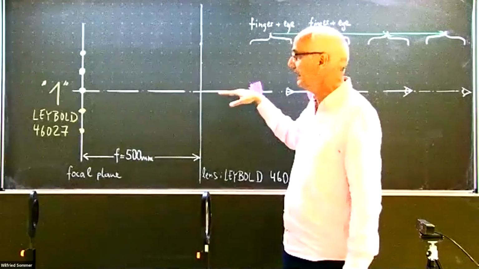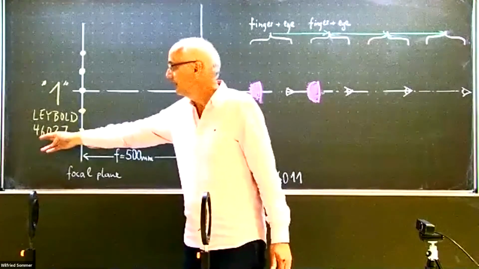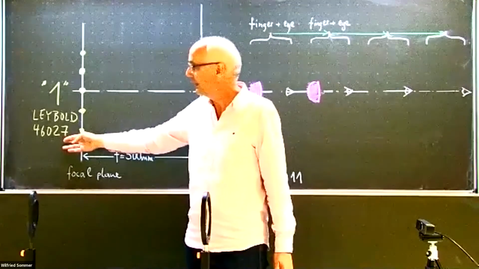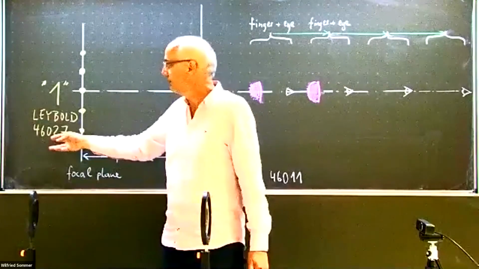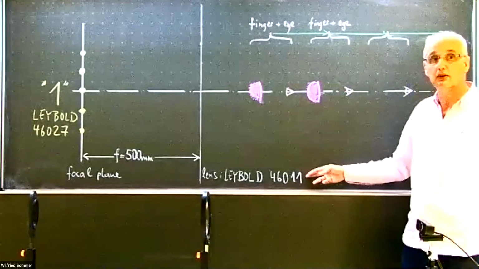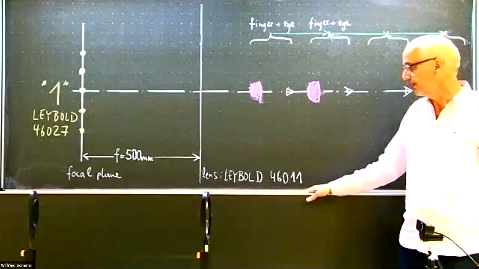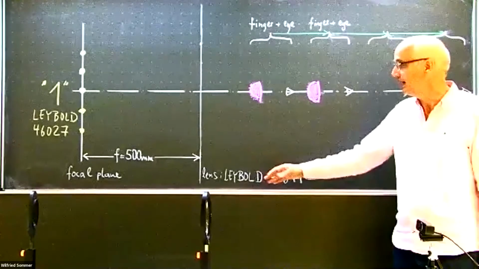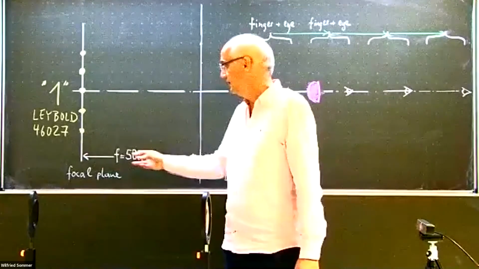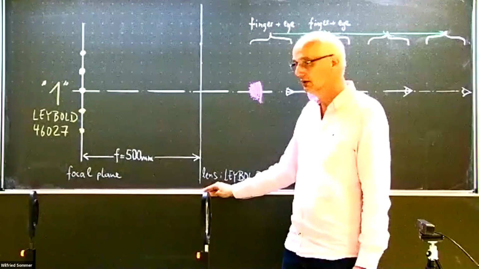Here's the optical axis. I just wrote down the number of the company Leybold that is connected to this object here. And I also wrote down the article number of the company Leybold, where I actually bought that lens. I have a focal length of 50 centimeters or 500 millimeters here.